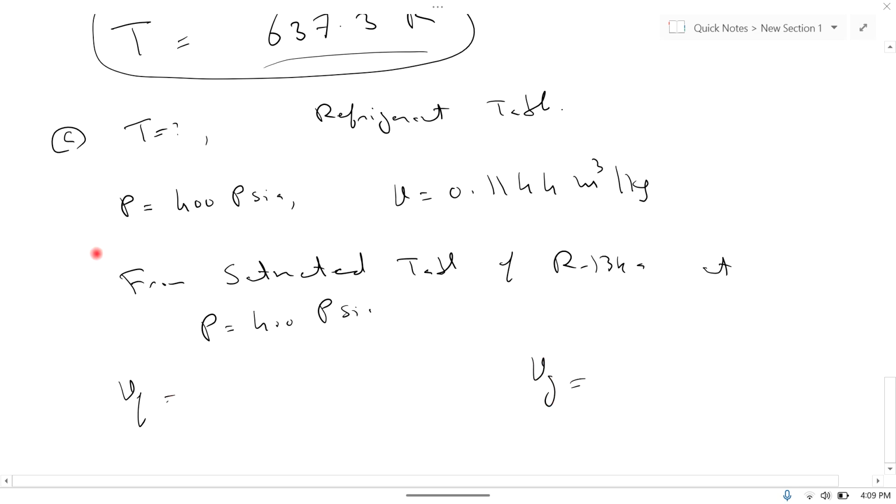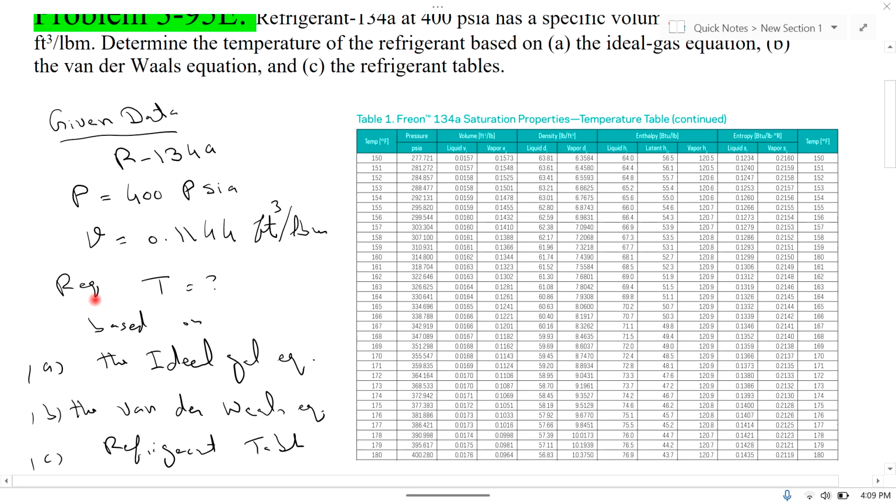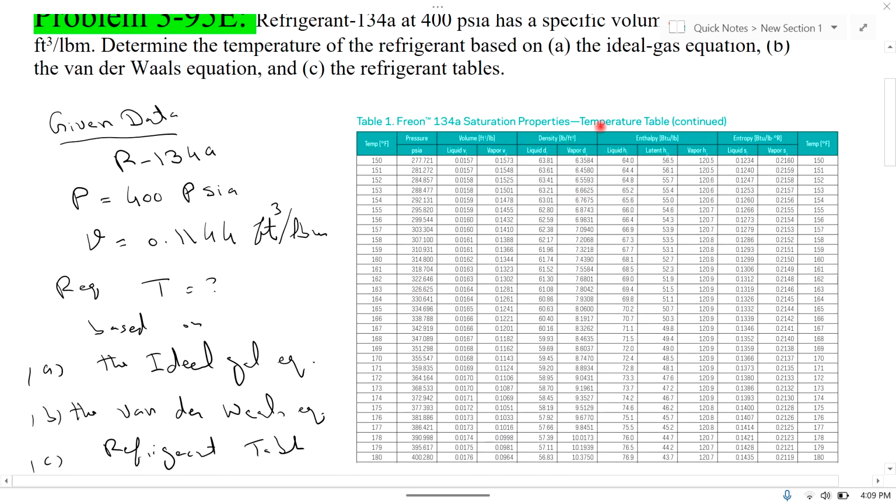So go to the saturated table of R134A and 400 psi. So this is saturated property of R134A, and this is pressure. So check here 400. So this is 400.28, approximately equal to 400.